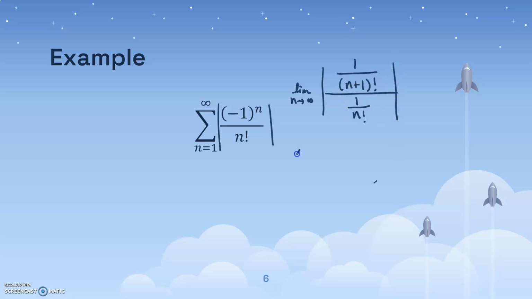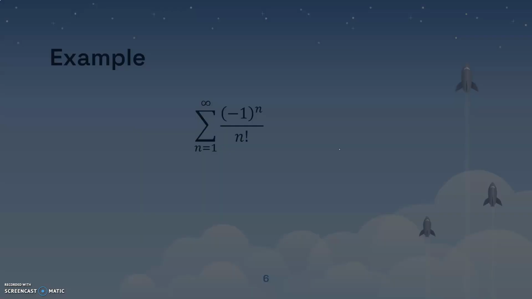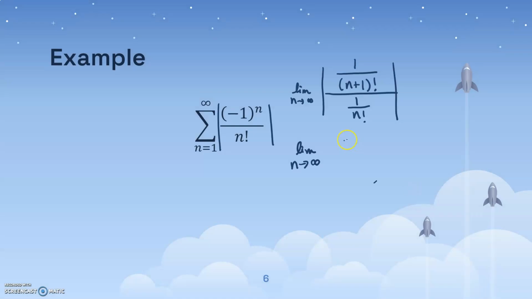And if I make that simpler by multiplying by the reciprocal, and I don't need absolute value bars anymore because everything is already positive, I'm going to have 1 over (n+1) factorial times n factorial, and then the factorials cancel, so I wind up with 1 over n+1, and that limit is 0, which is less than 1.